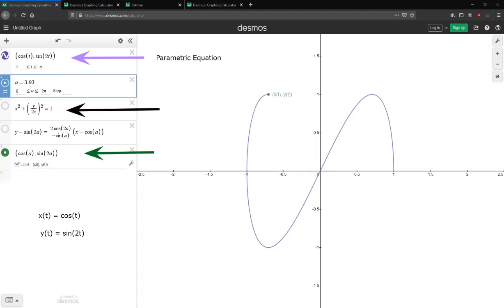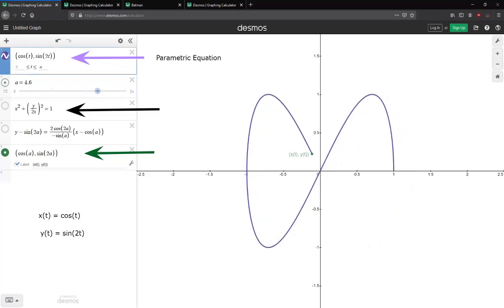So I could say, what if I want my drawing here to go faster? It's looking a little bit slow to my eyes. I'd like to see this move around faster. What can I do?